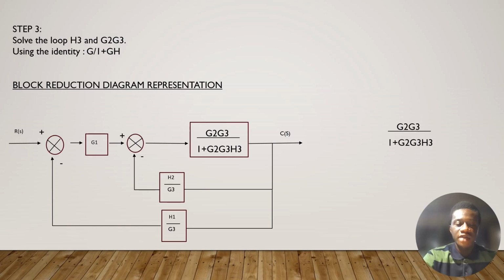Applying the formula gives us a reduced block equal to G2, G3 over 1 plus G2, G3, H3. This step eliminates the inner feedback loop and replaces it with a single equivalent block. Reducing feedback loops is one of the most important steps in block diagram reduction because feedback greatly affects system behavior and stability. Now that we have removed this loop, the diagram becomes simpler and easier to continue reducing.